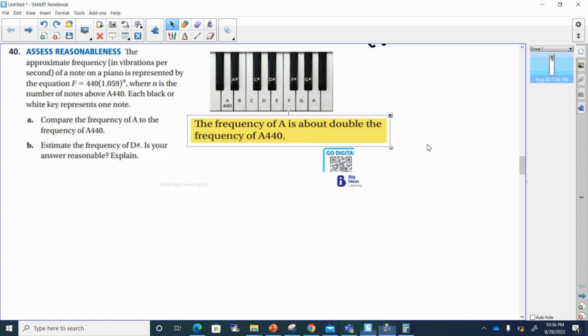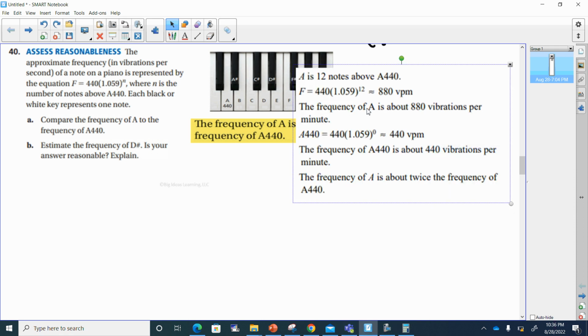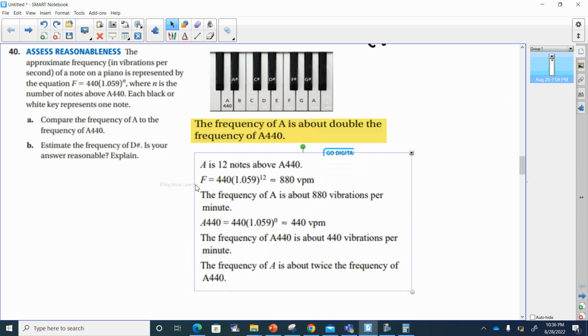So to show the work, it would look like this. A is 12 notes above A 440, okay? One, two, three, four, five, six, 7, 8, 9, 10, 11, 12. A, okay, it's 12 notes above.